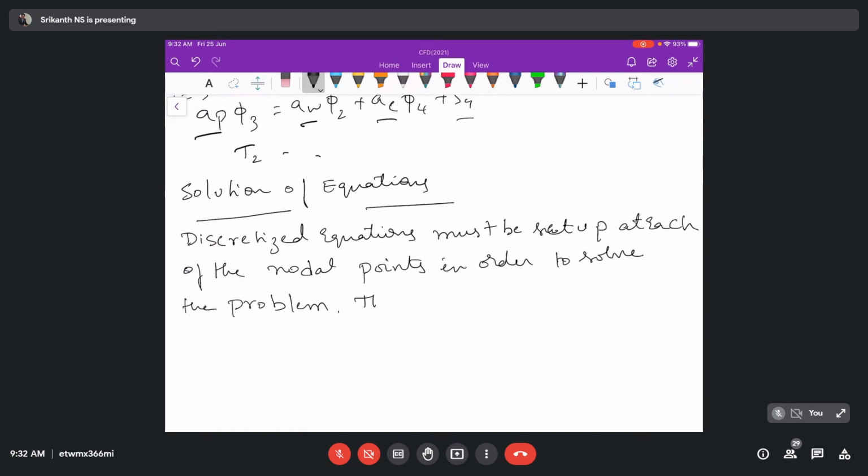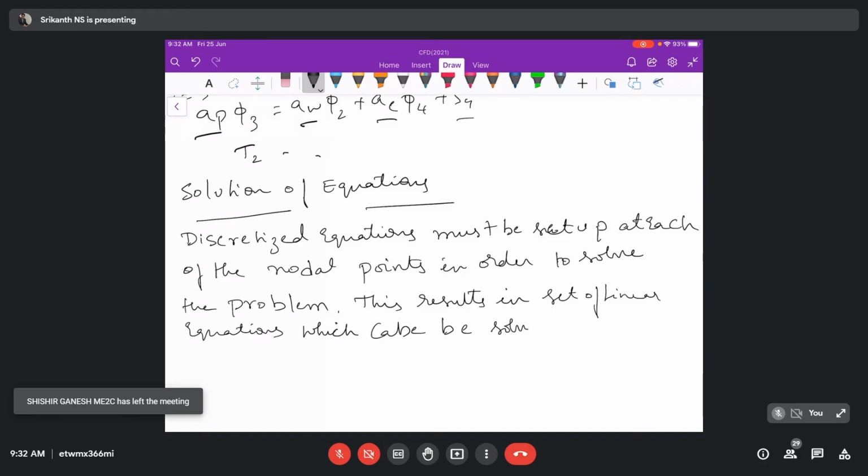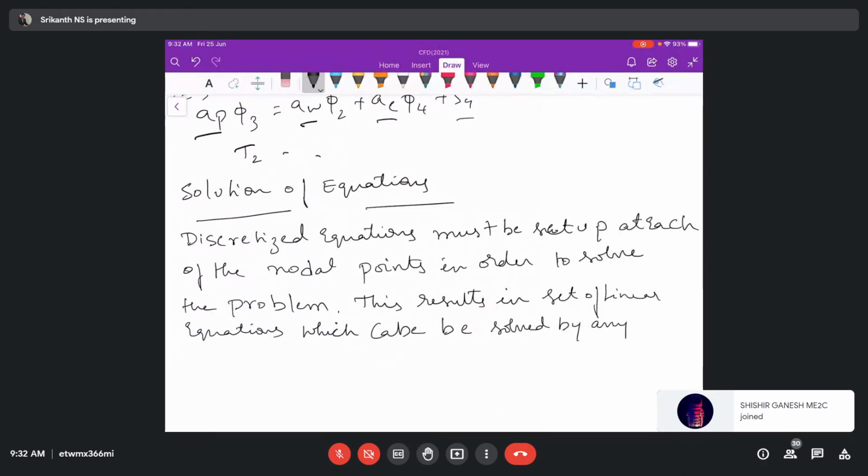This results in a set of linear equations, which can be solved by any numerical method. Obviously we will go for the matrix method.